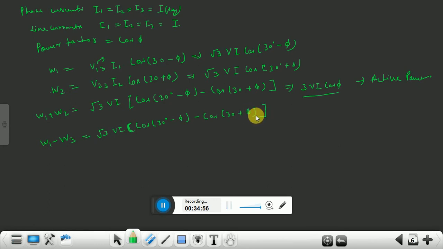Okay, so in this case we calculate this, we get under root 3 V I sine phi. So this is your reactive power.